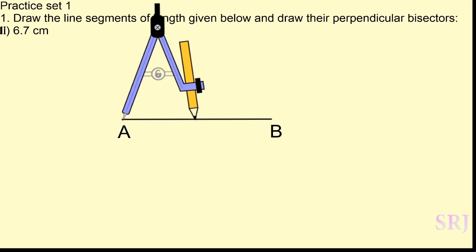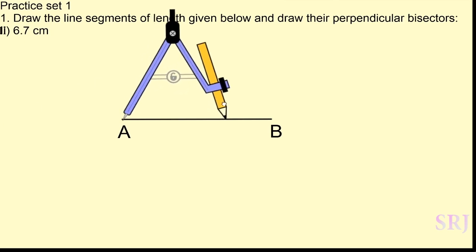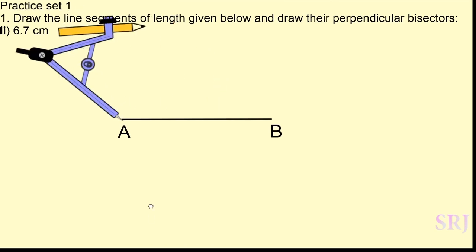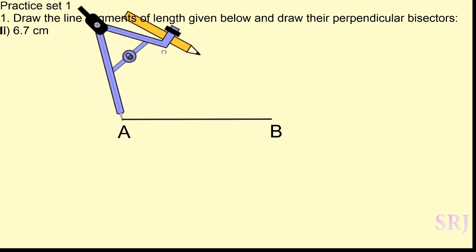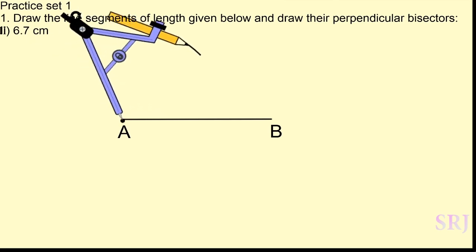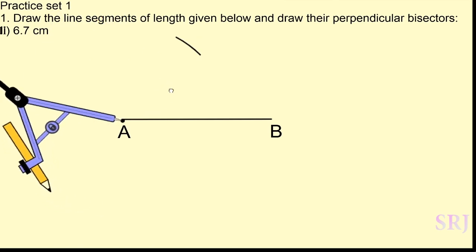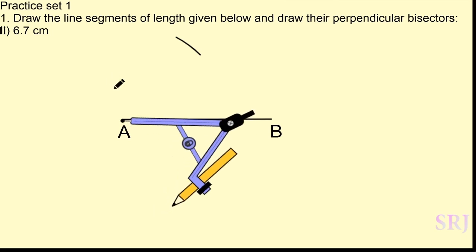First, we will place the steel head of the compass on point A and set the compass to a radius of more than half of length AB. We will mark one arc above the line segment AB and another below the line segment AB.